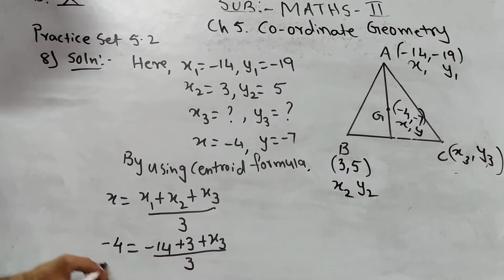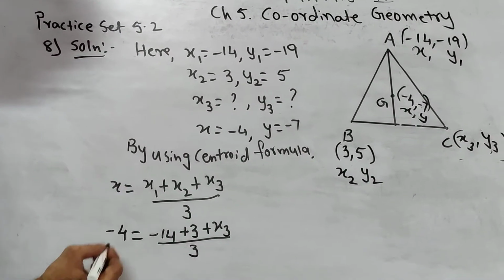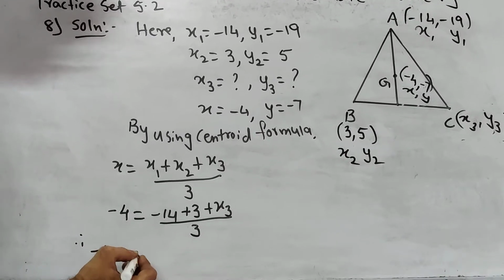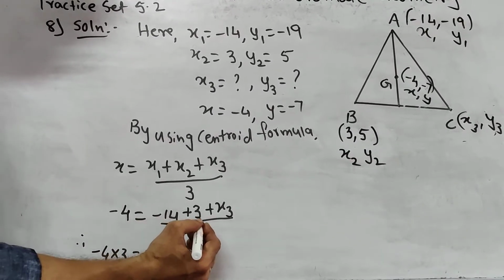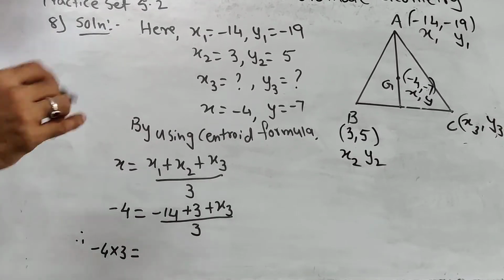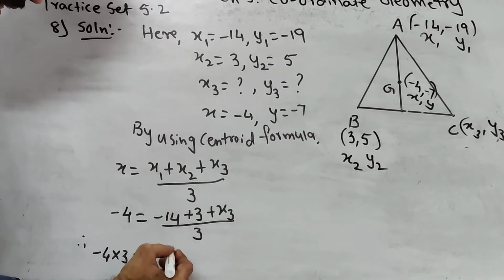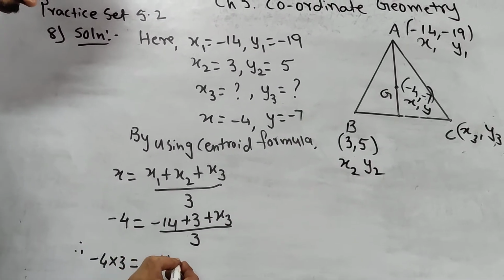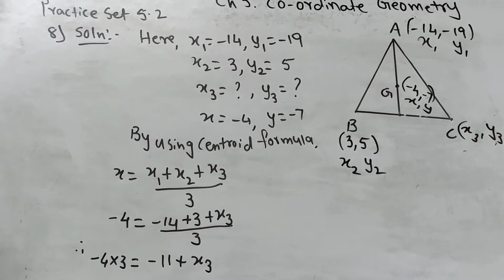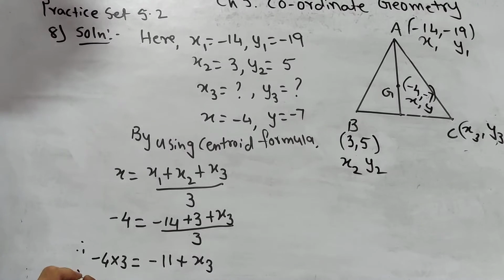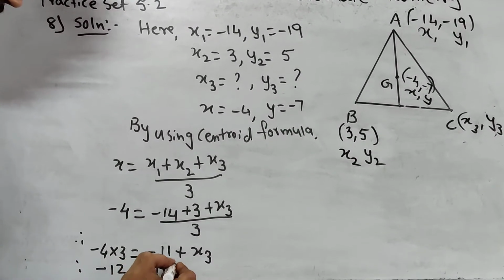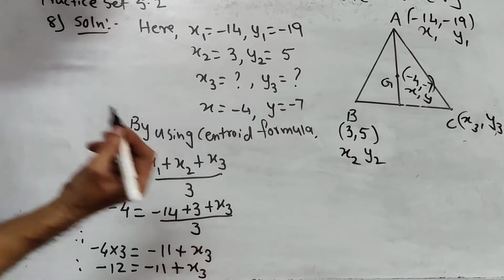Okay, 3 will come up, it will be multiplied. Okay, so minus 4 into 3 is equal to minus 14 plus 3, minus plus is minus, so 14 minus 3 will be 11, bigger number sign is minus. Okay, plus x3. So minus 11 plus x3 you got. Now 4 3s are 12.